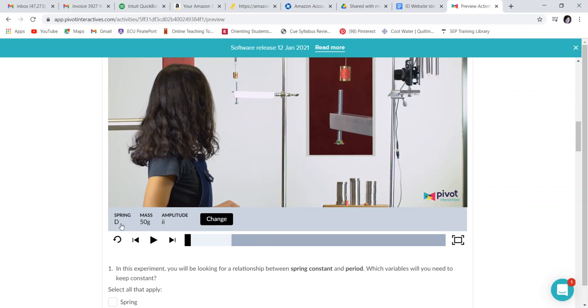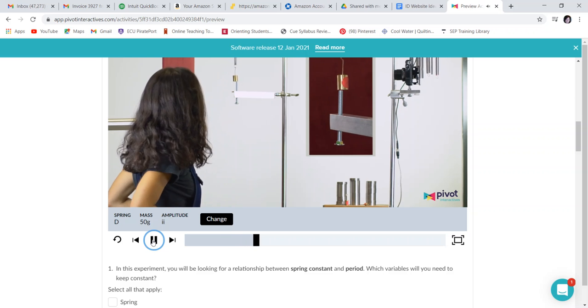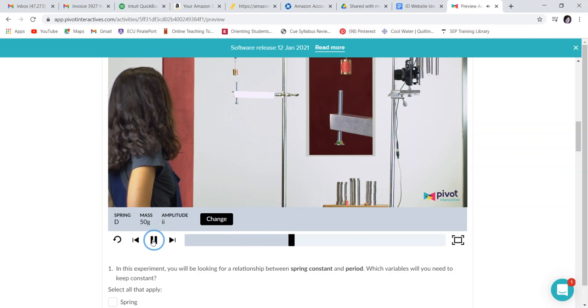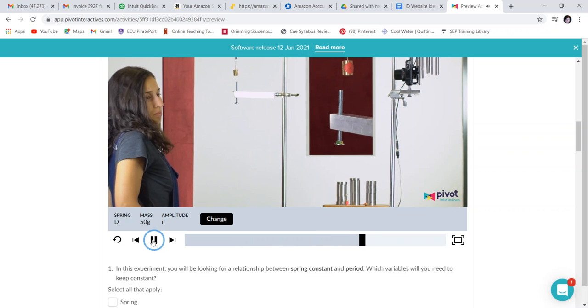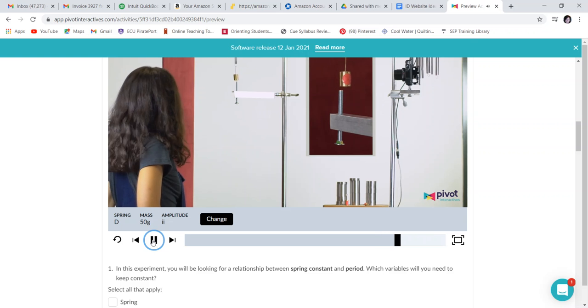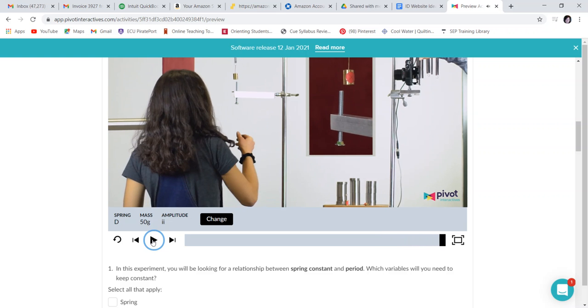So this is spring D, 50 grams, amplitude 2. And when I press play, it sets it into motion. So you can see it's going to be really hard to measure just one oscillation.